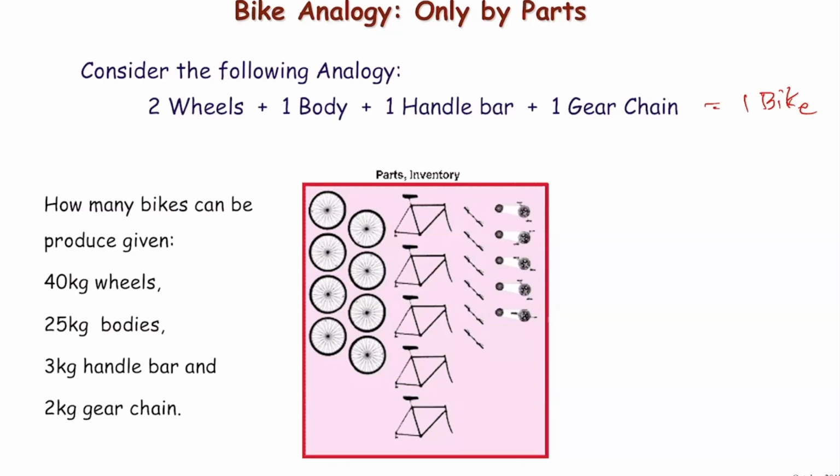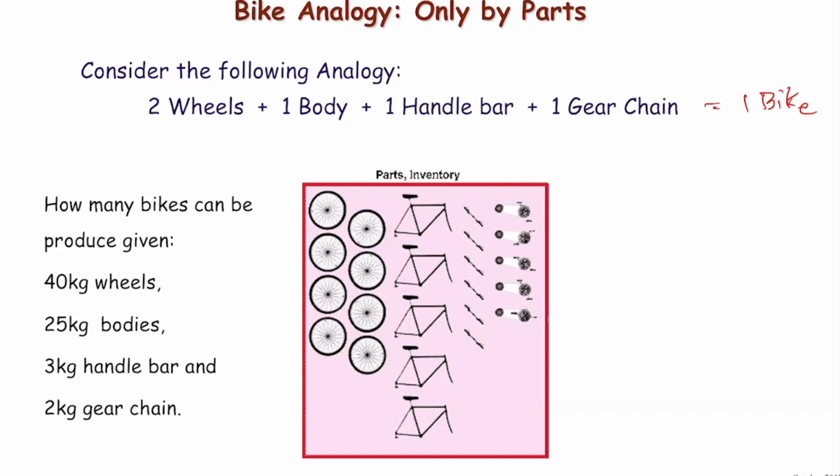How many bikes can I produce? You'd be scratching your head and say, well, I don't really know, because I don't know how many wheels are in 40 kilograms, and I don't know how many bodies are in 25 kilograms. You don't know how many pieces you have, because you need to know the pieces in order to figure out how many bikes you can potentially produce.